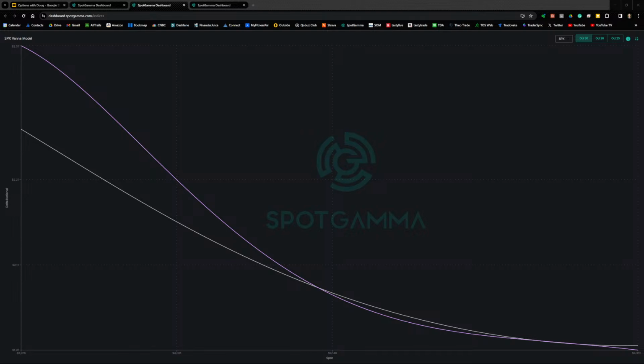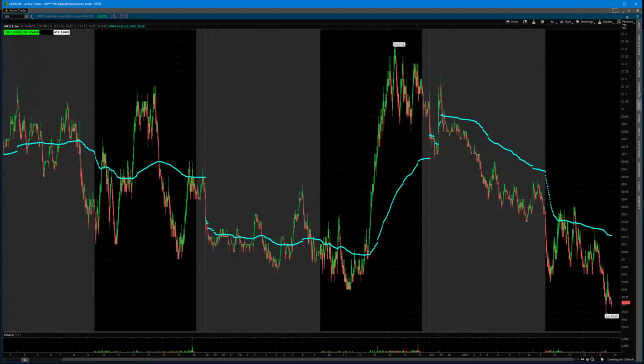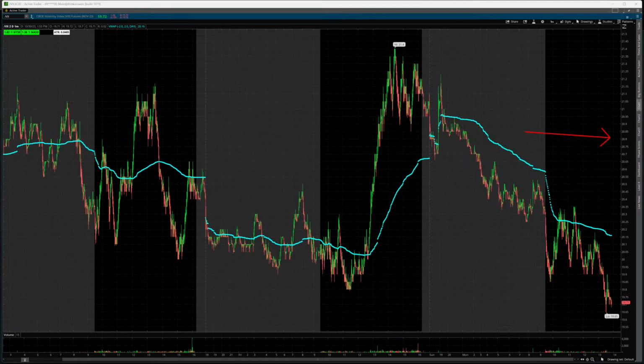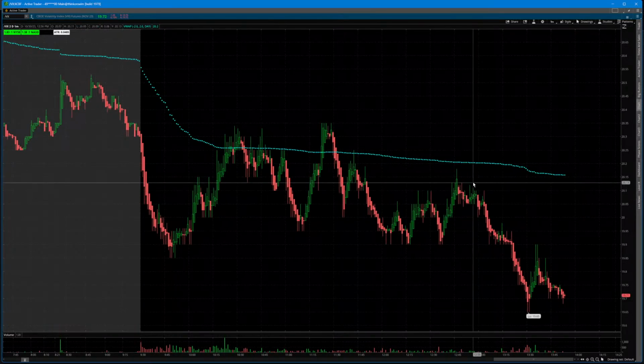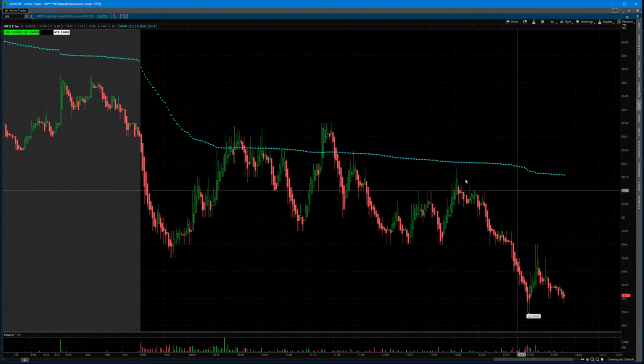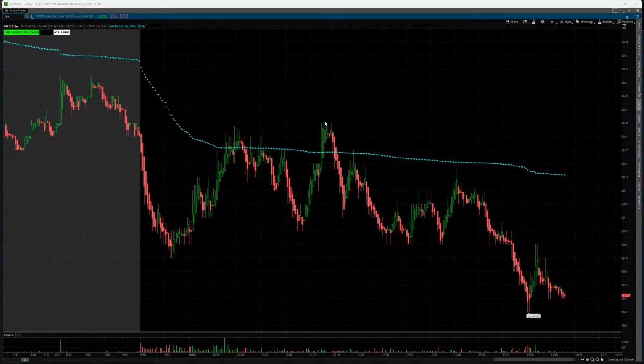Let's just take a look at VIX. So this is the VIX futures. And it really started to decrease around 11:15, somewhere between 11:15 and 11:30.